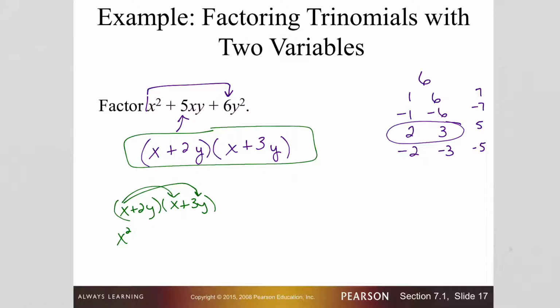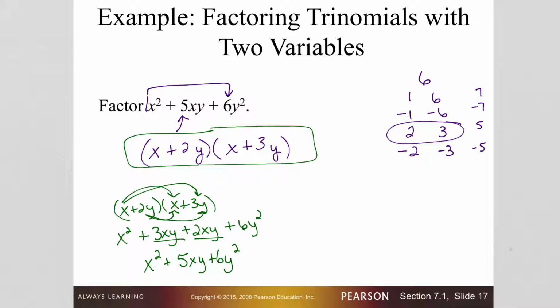X times positive 3y is positive 3xy. 2y times x is a positive 2xy, and 2y times 3y is a positive 6y squared. There's our like terms. Alright, so because we wound up with what we started with, we know that this is correct.